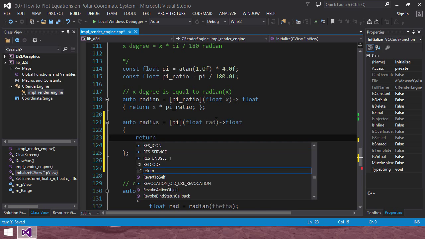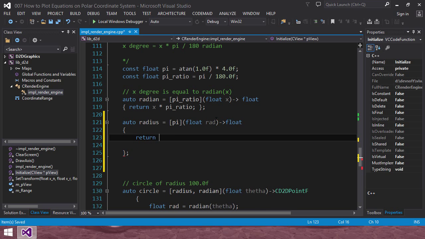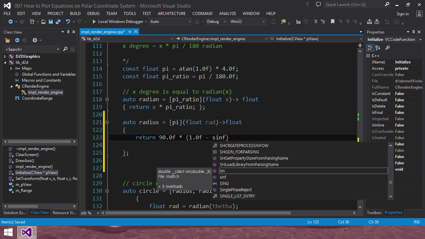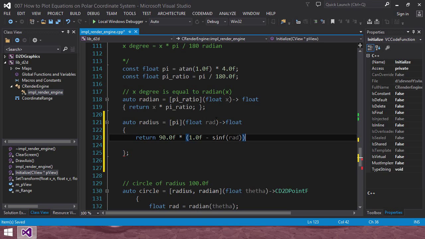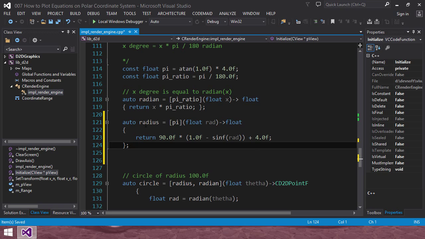Okay, so we will have functions. I will set something like this, times minus sin f. Rad is now variable. So radius is now a function, a lambda function.